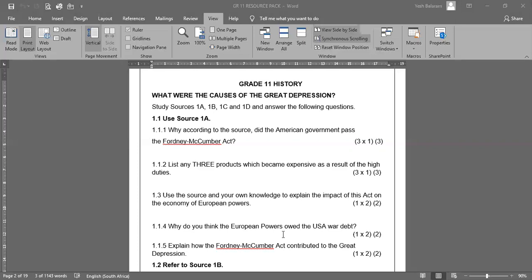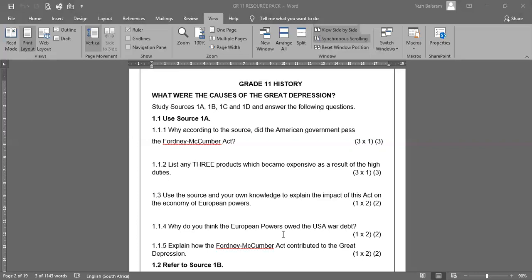What this means is, because America had increased their own import duties, the Europeans did the same. They said they will also restrict American goods coming into their country by charging high tariffs. And therefore, it made it difficult for the Americans to sell their surplus. Surplus means any extra goods that they had.